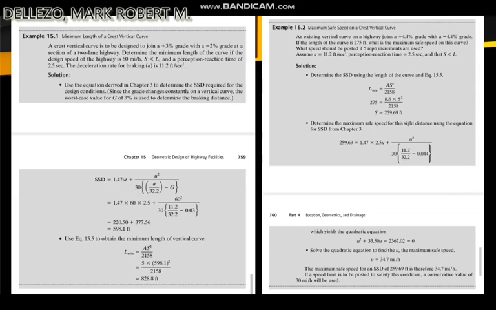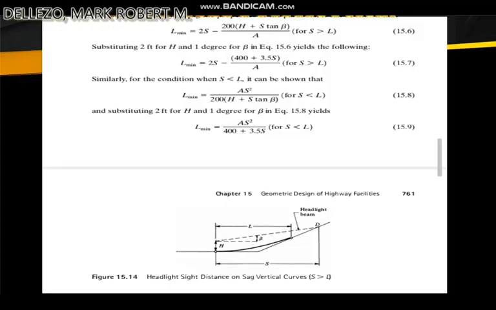Before answering this example, we must first know the different parts, and what is needed and what is given in the problem. Next, the continuation of the example, the explanation of the answer step by step.